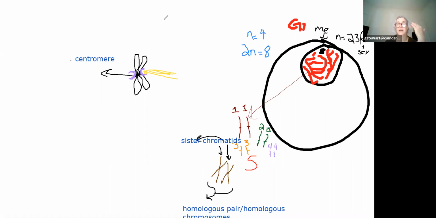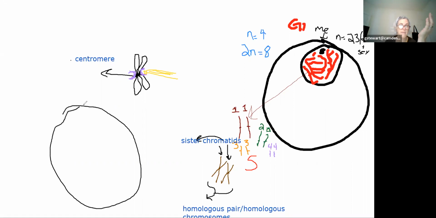Now, at anaphase 1 in meiosis, it's going to look a little different. Just coming off of metaphase, we would have our chromosomes all lined up here on the metaphase plate like this, sideways. And they're lined up in their pairs, in their tetrads, because there's been crossing over that has occurred.